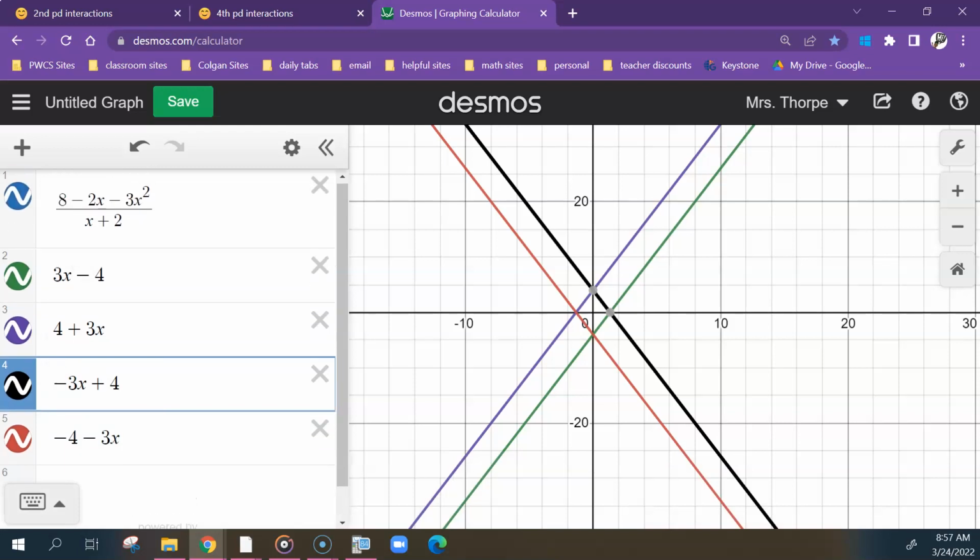So you see the blue line got overlapped by the black line. They match the other answers.